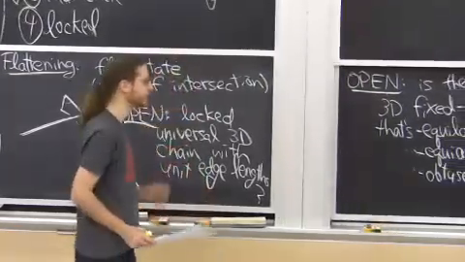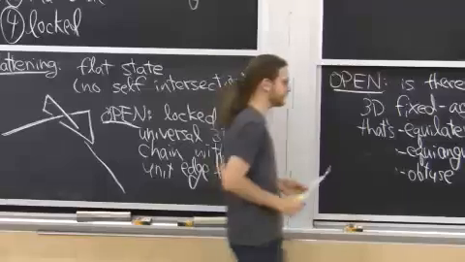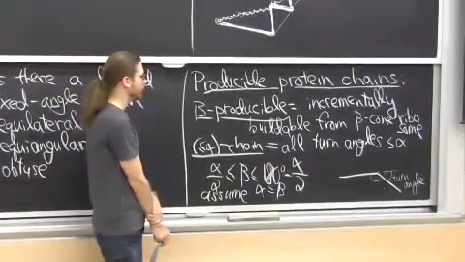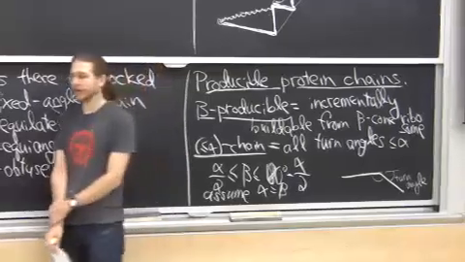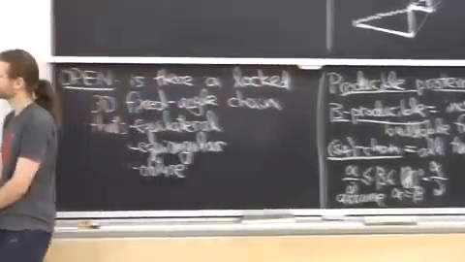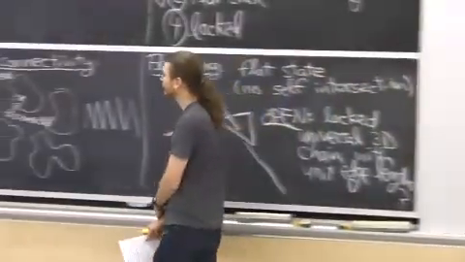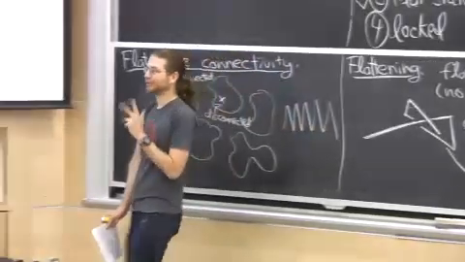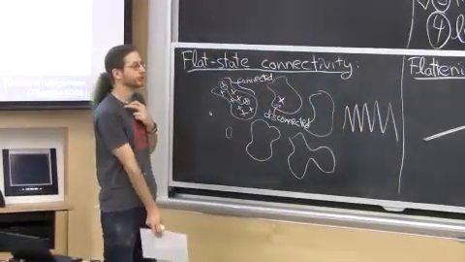All right. Now, what do I claim about these chains, other than their angles are not so sharp? I claim there are good algorithms for folding them. What could I possibly mean? There are still locked configurations. Is that true?